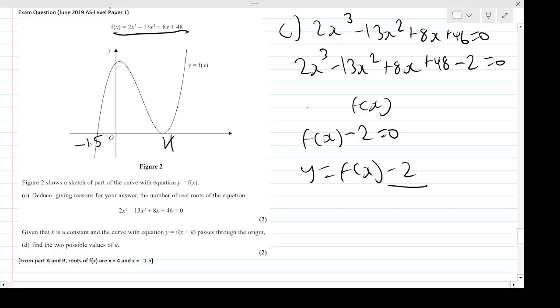So it's going to do what? It's going to shift the graph down by 2. We do what we expect. We subtract 2 from all the y values, so we're going to go down the y-axis by 2. So the graph is going to shift down by 2. Okay, so let me get rid of this. So it's going to shift down by 2, so it's going to look like that.